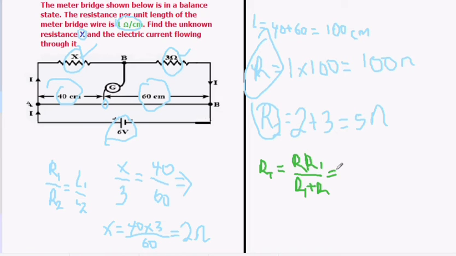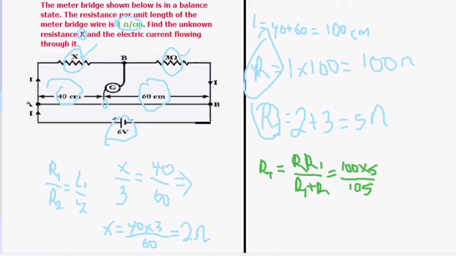So my R total is going to be equal to 100 times 5 divided by 100 plus 5.